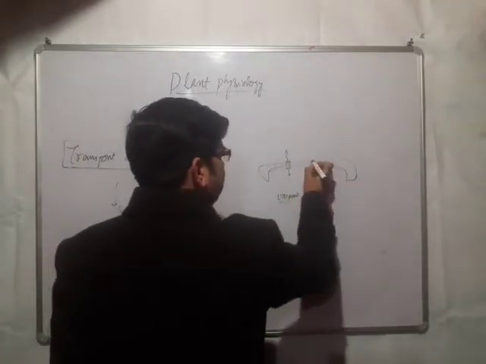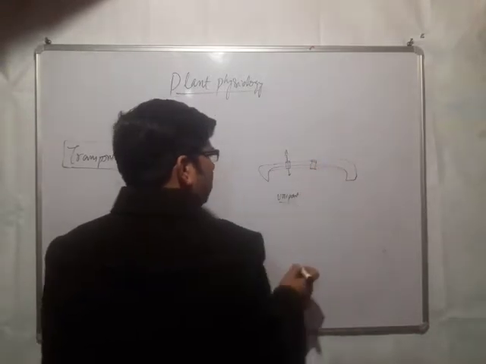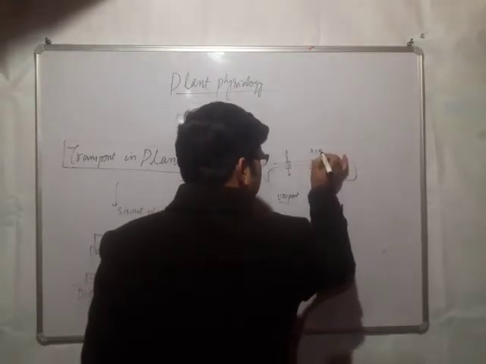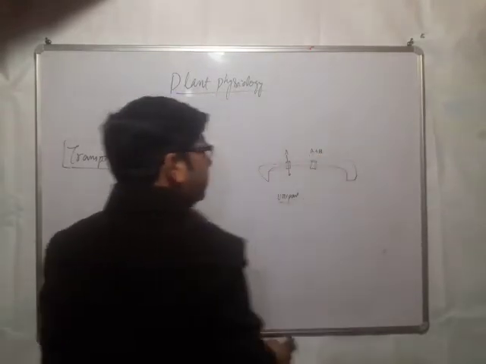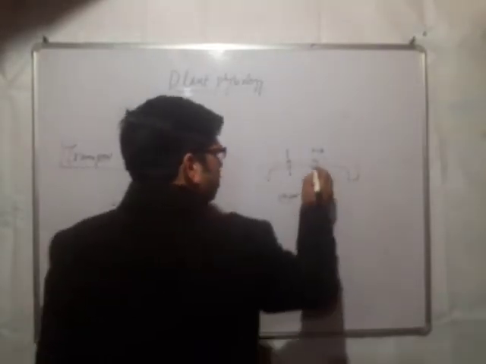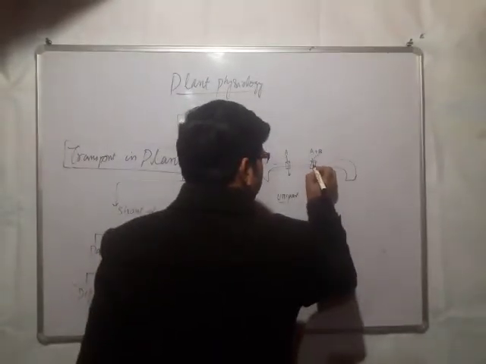Now if it is like that, this molecule is such that A gets inside only when it has B with it. So A and B both get inside.